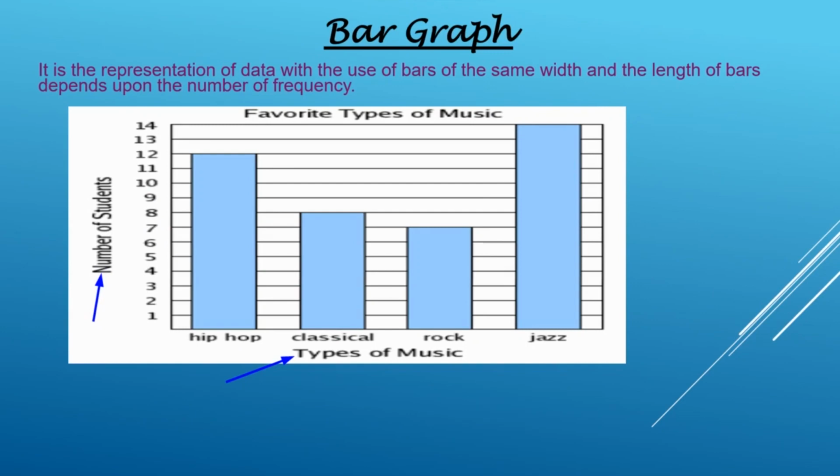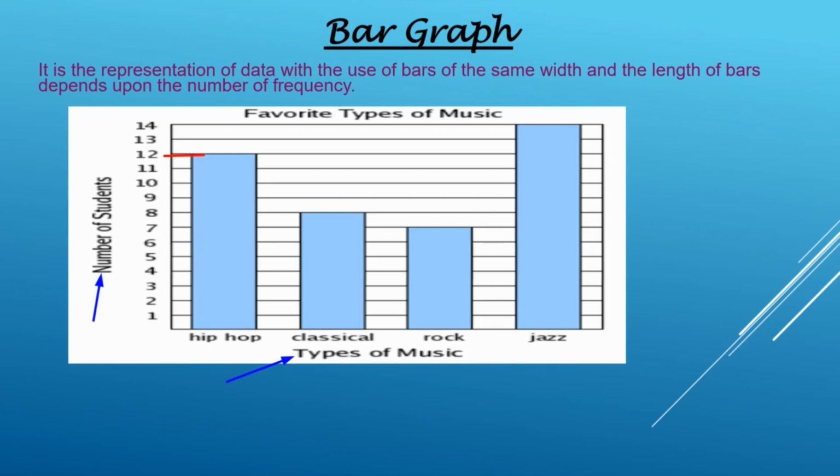So the first type of music here is hip hop, which is liked by how many children is represented on y-axis. So here you can see the top of this bar is pointing towards 12.